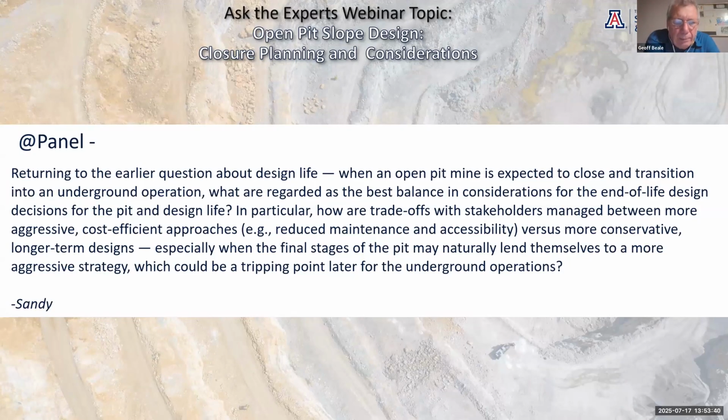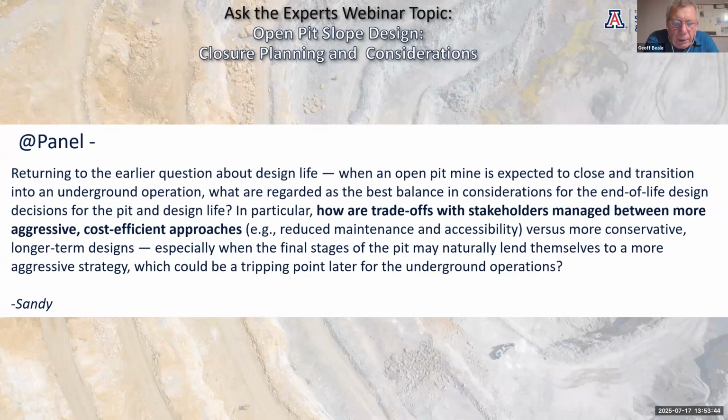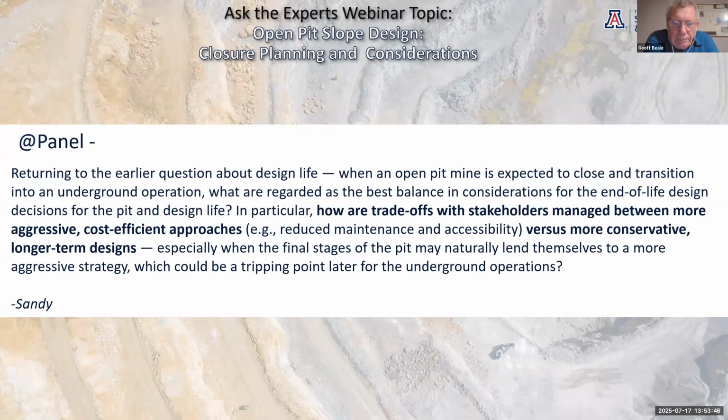I think the trade-offs with stakeholders, you've always got to look at the protection of the safety and the economics of the underground operation, but there's things you can do with the open pit while still working underground.